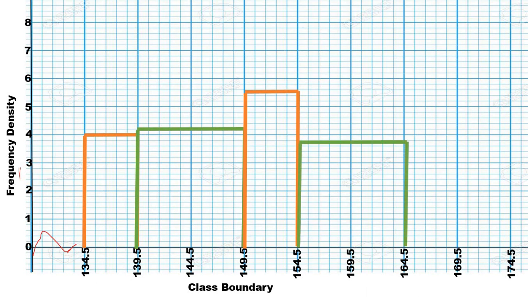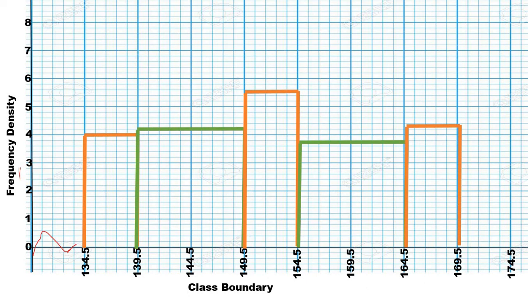You can see the class sizes here are 5, 5, and this one is 10, so the class sizes are also maintained in the bars.